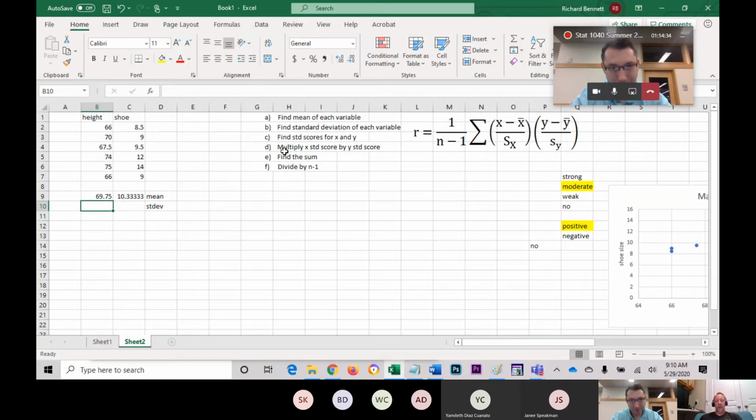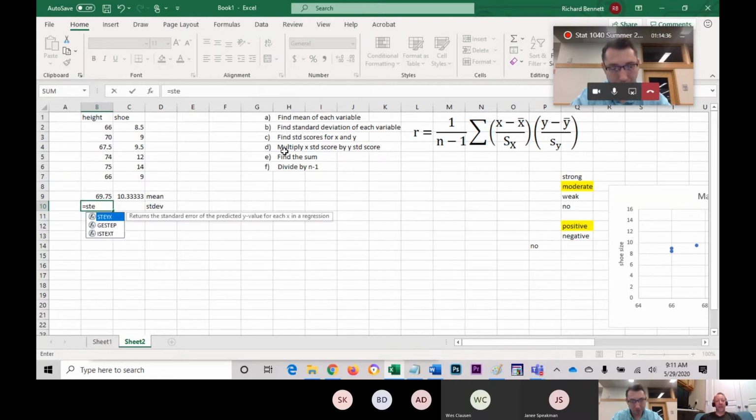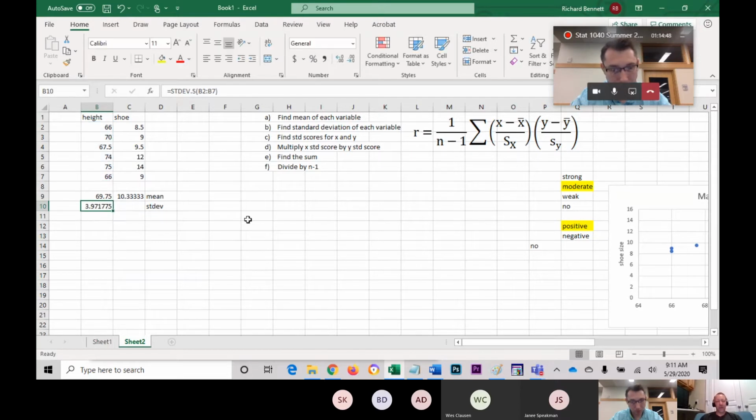Okay, now Excel has a nice function here, standard deviation. This is going to be a sample. Generally, you're always going to use a sample standard deviation on these. So the standard deviation is almost 4 inches there. Standard deviation on the shoe size is 2.18.